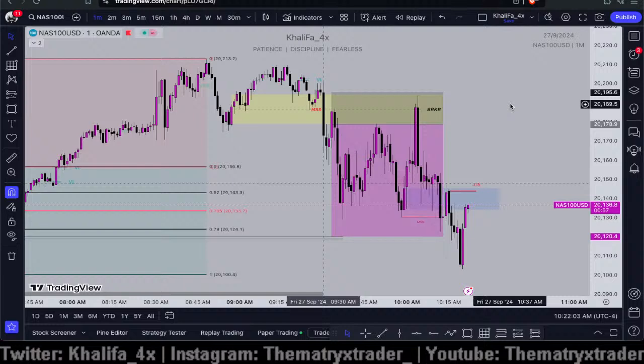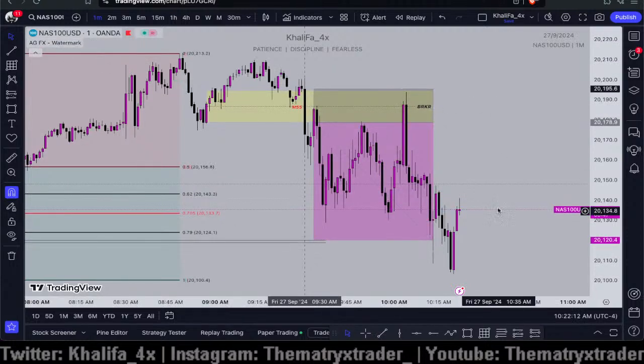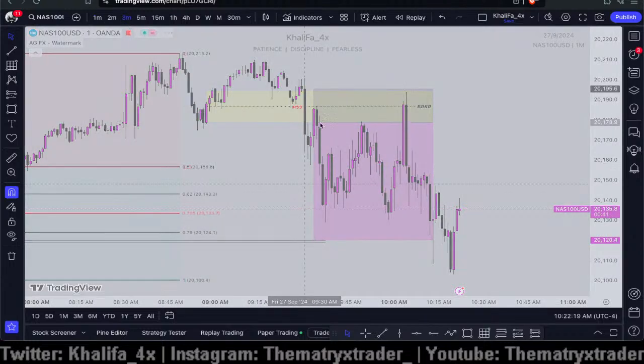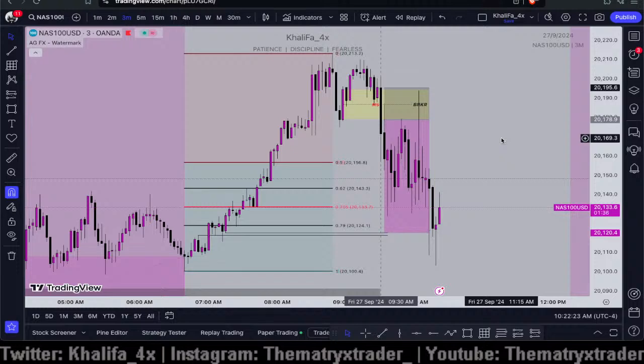Let me see what this indicator has to show us. Now this seems to me a stop hunt. You see this wick? This is the manipulation of Friday.